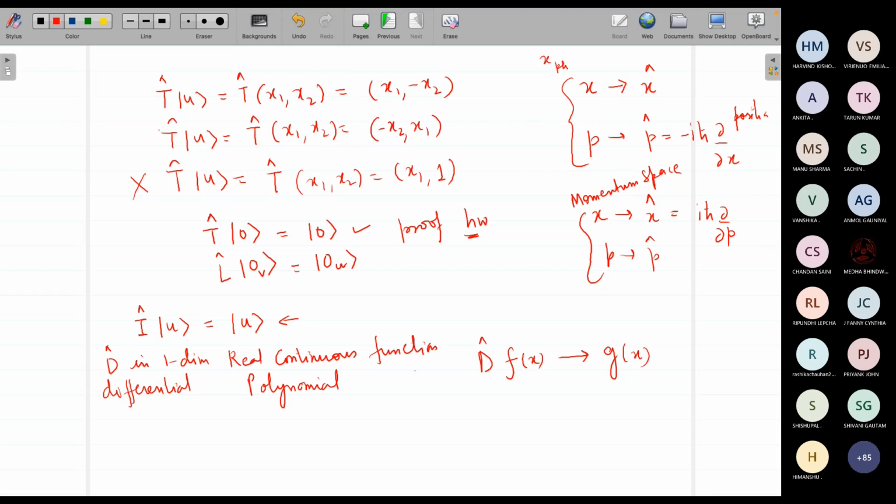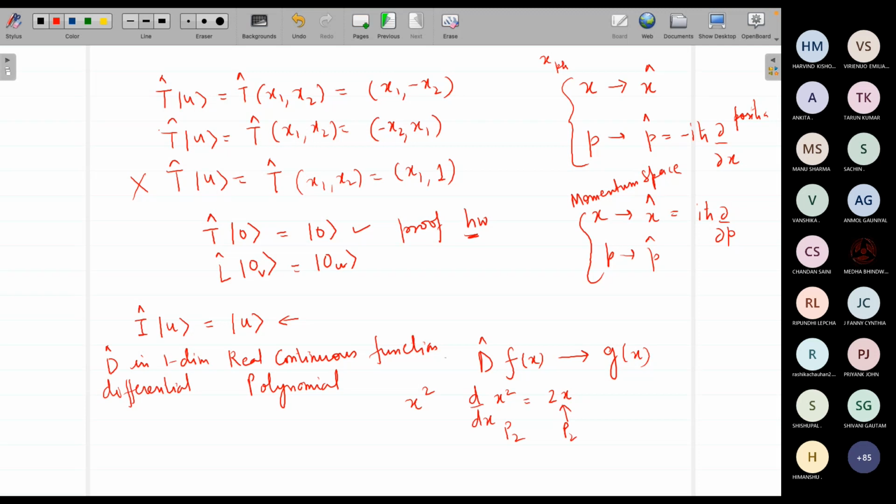So if I start with, let's say, x square and take d over dx of x square, what will I get? 2x. So this is in P2 space, and this is still in P2 space. Polynomial-wise, it is still a real continuous function. So check whether this differential operator qualifies to be a linear operator or not. It will keep me in the same space, fine.